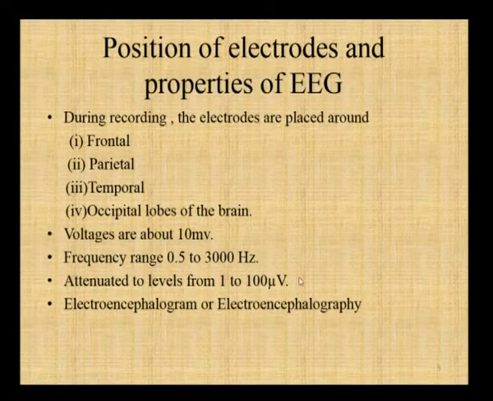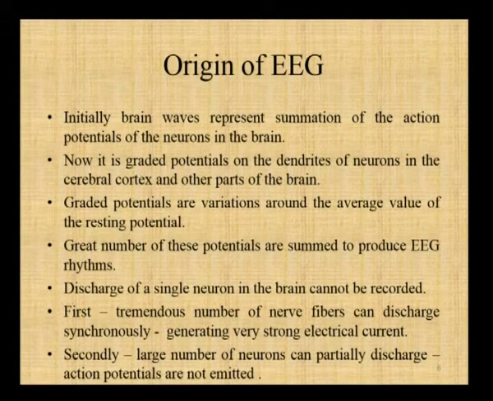As I told you, the electroencephalogram is otherwise called electroencephalography. Then the origin of the electroencephalogram. At the invention of EEG measurements, action potential alone was used to measure the brain waves. This action potential is created by the neurons in the brain.